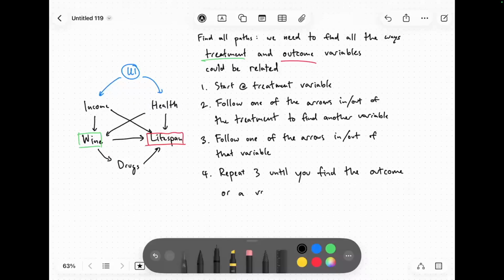Or a variable already visited, which would be a loop, not a path.